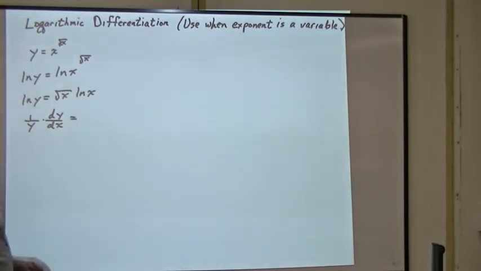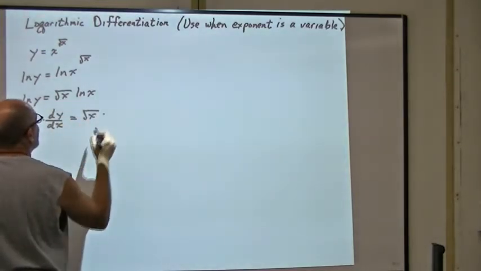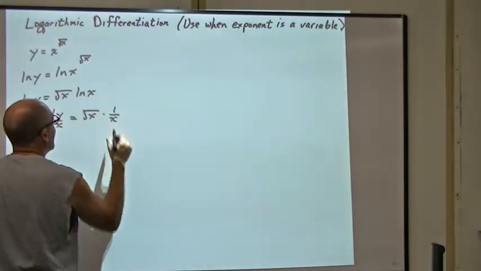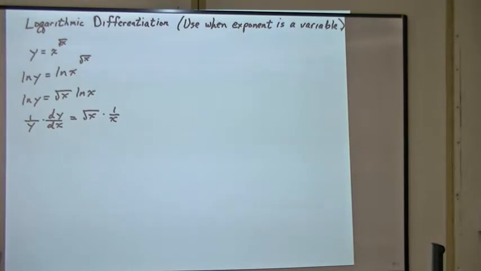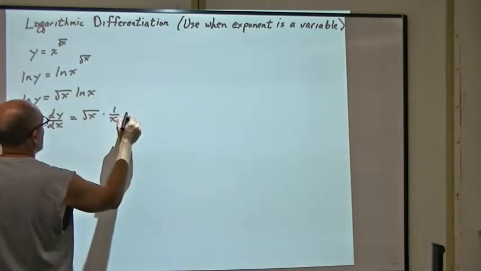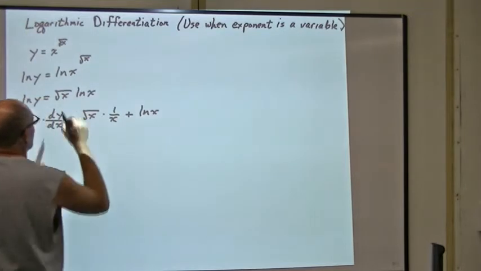Now, this equals the derivative of the right. Now, derivative of the right, we have the product rule. So we have to go first times derivative of the second. Now, what's the derivative of natural log x? It's just 1 over x. And there is no chain rule because x is not a function, it's a variable. Then, first times derivative of the second plus second times derivative of the first.